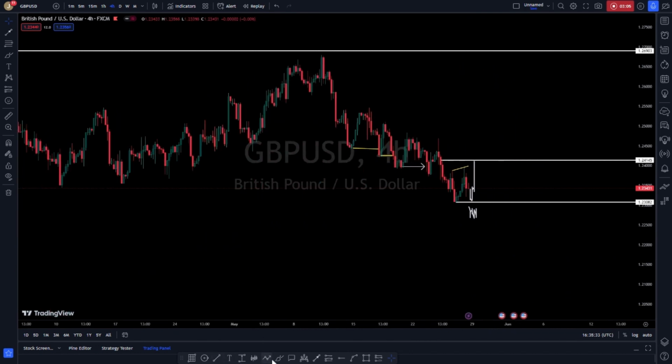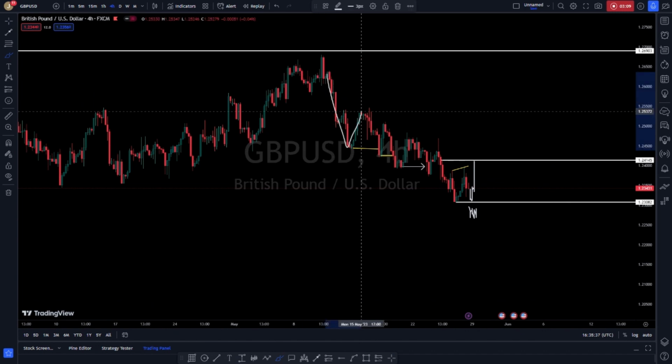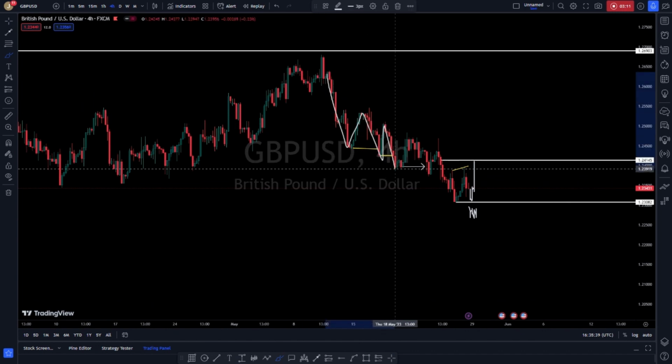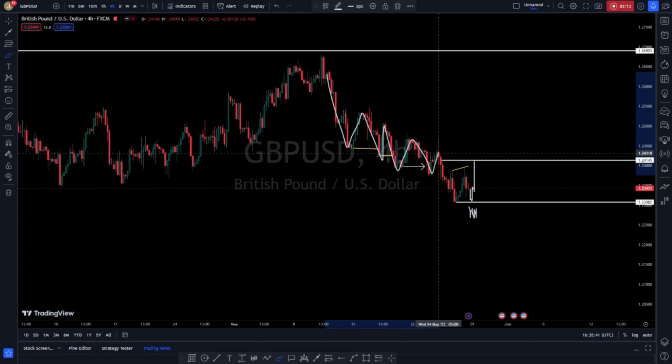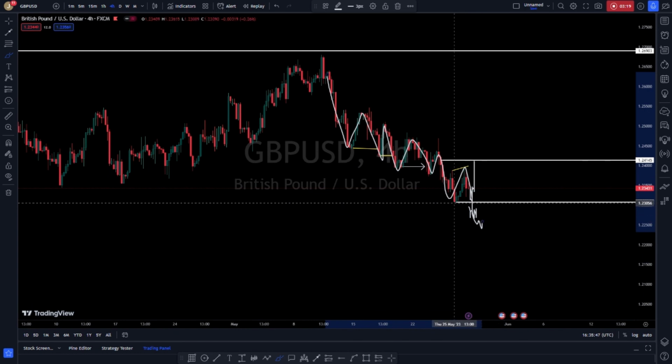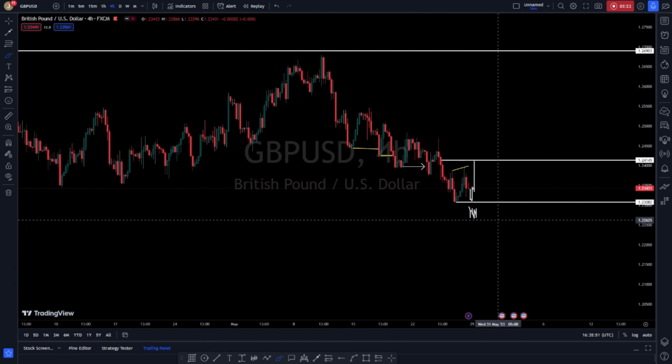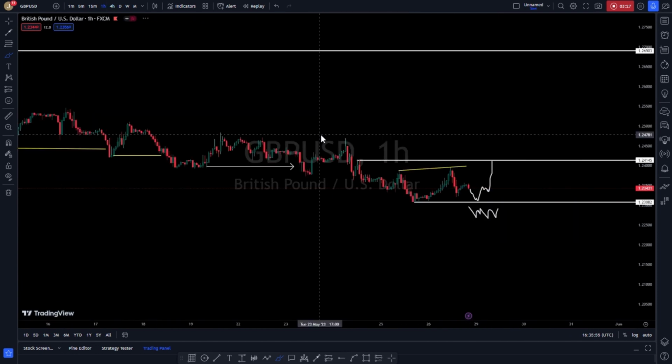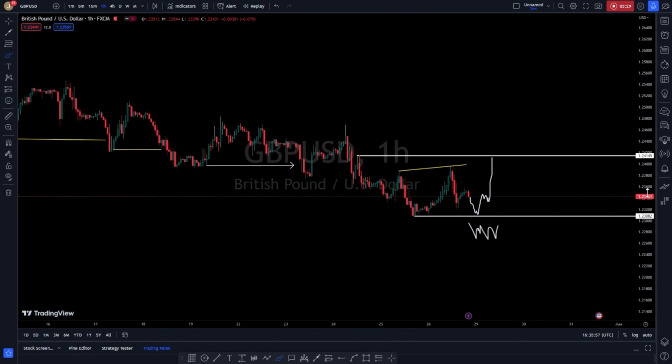If you look at this, an impulse, then a pullback, again an impulse. That has been the recurring pattern. It would break this low, actually, and just continue pushing down to the downside.